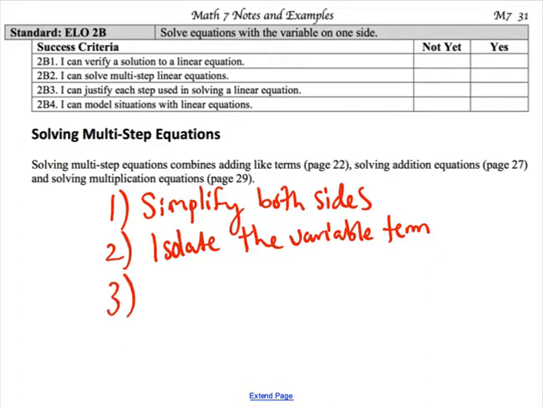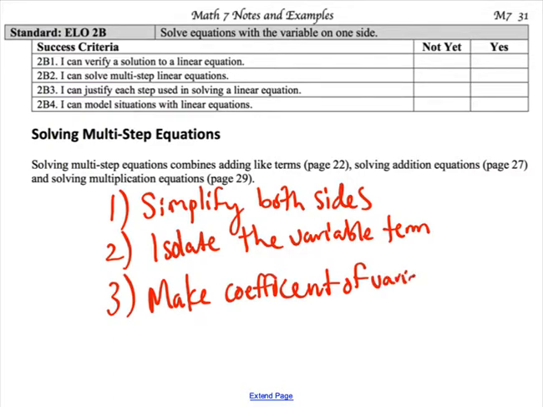Step 3, you make the coefficient of the variable term equal 1. And that's pretty much the steps involved here.